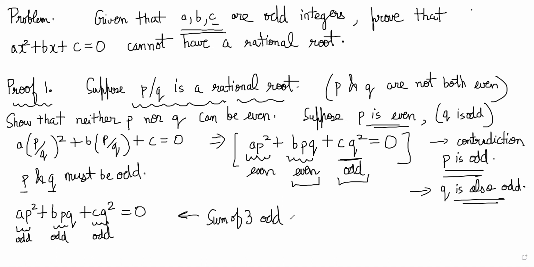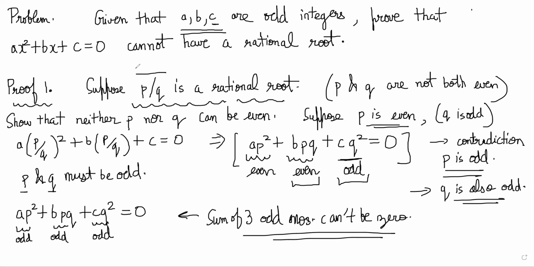Why? Because two odd numbers will make it even, and even plus odd cannot be 0. So we have arrived at a contradiction, and therefore our initial assumption must be wrong. So p by q cannot be a rational root. So that is the first proof.